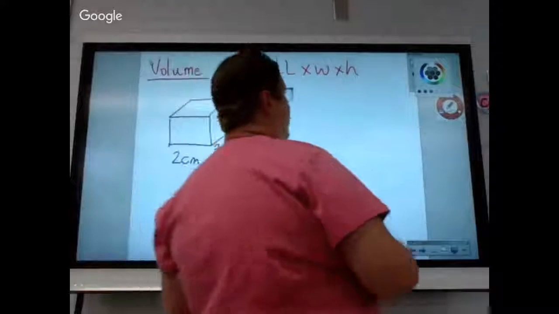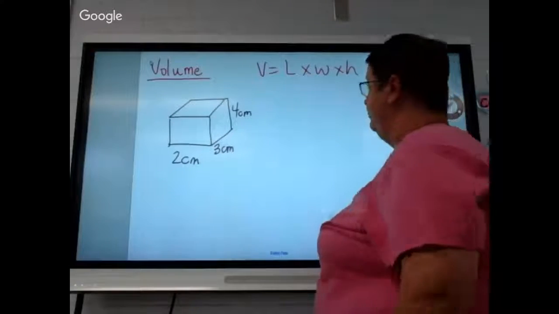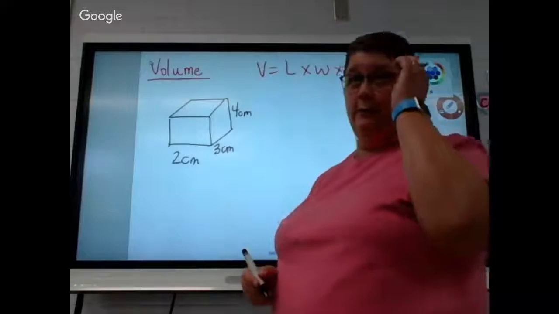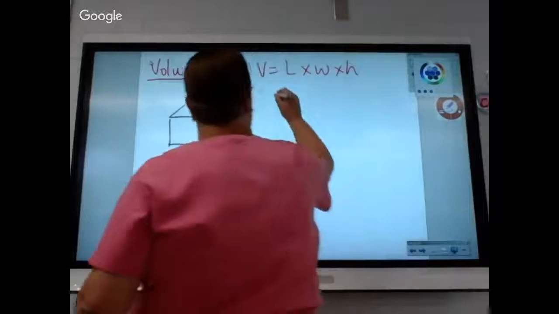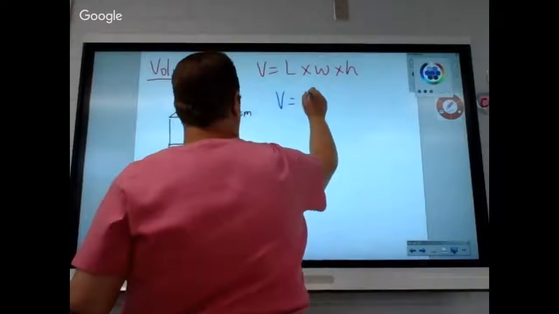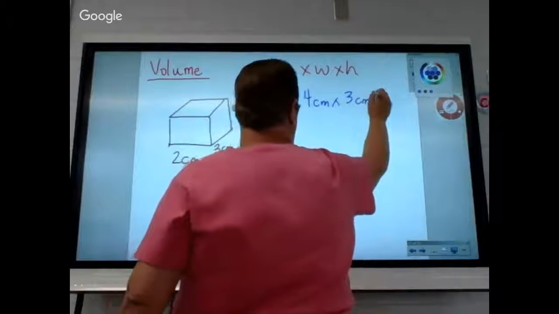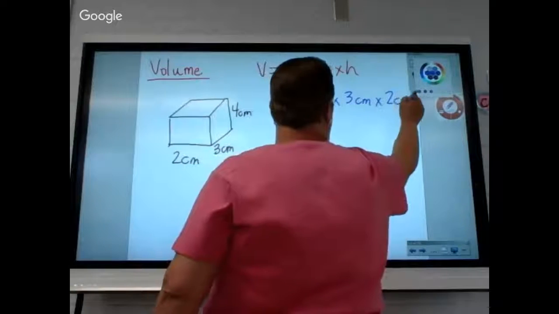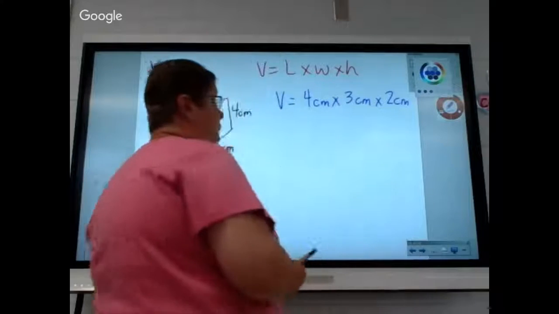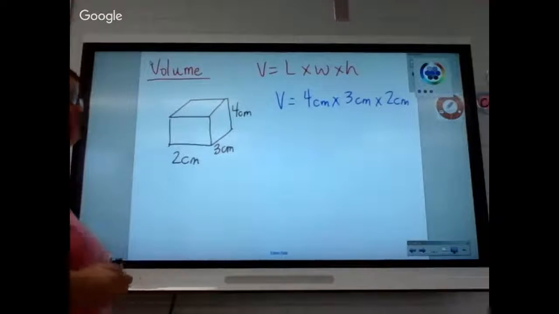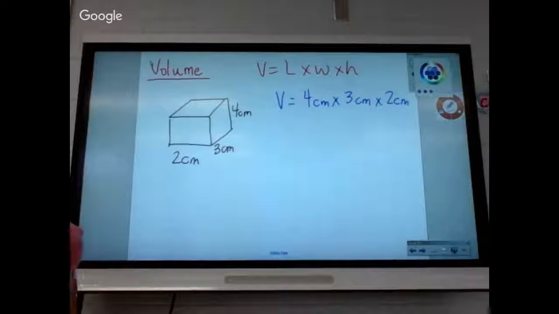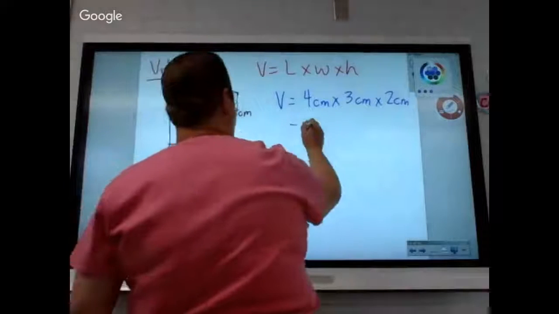We're going to find its volume. What do we get? 24 centimeters cubed.